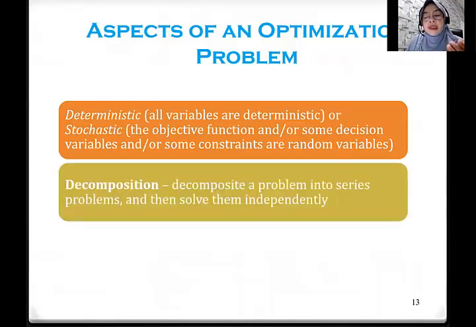Or the problem is decomposed: decomposing a problem into a series of problems and then solving them independently. For example, in a course timetabling problem, let's say we decompose the problem into two sub-problems.